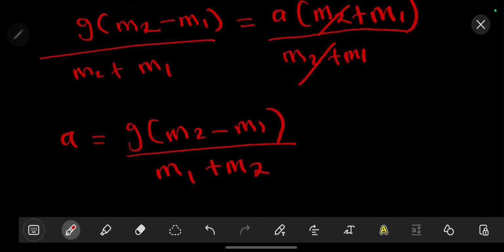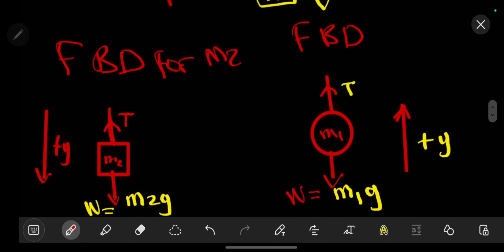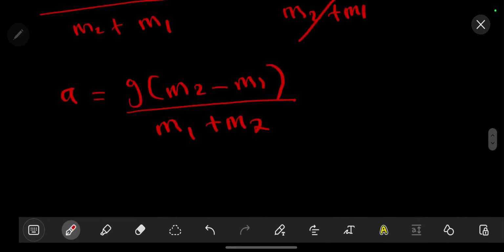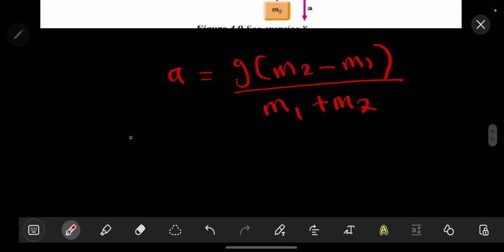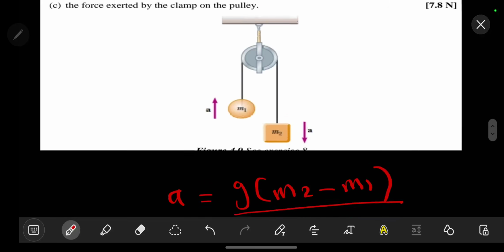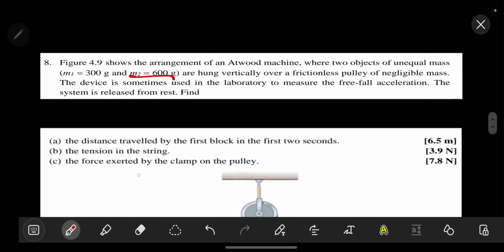Sometimes they might ask you without replacing. So from here, we are going to find our acceleration. Our acceleration should be equal to G, which is 9.8, times our M2. Our M2, we are told that it is equal to 600 grams.